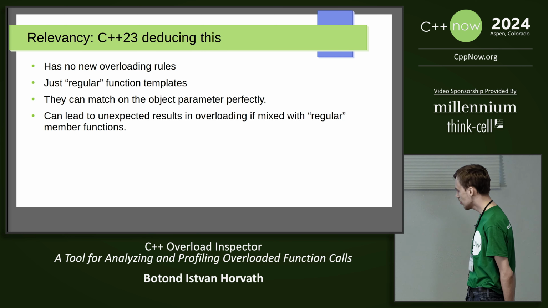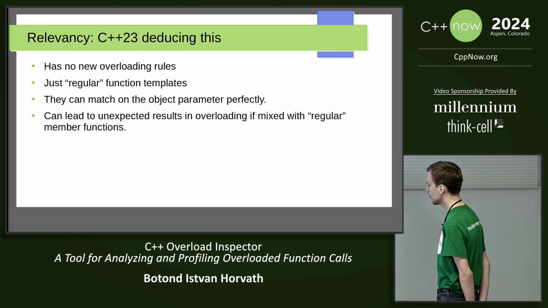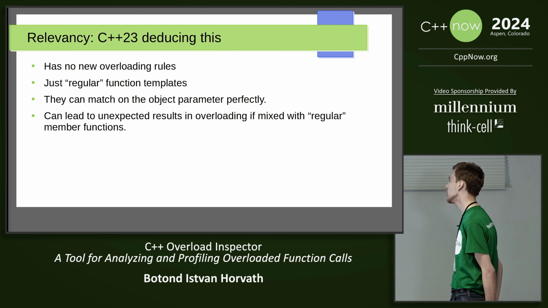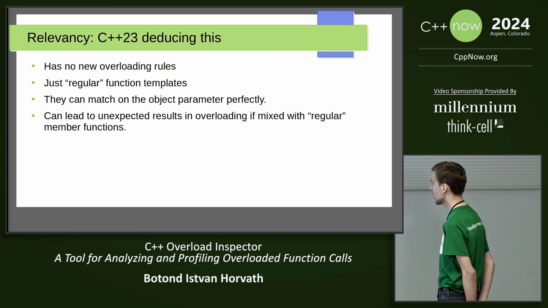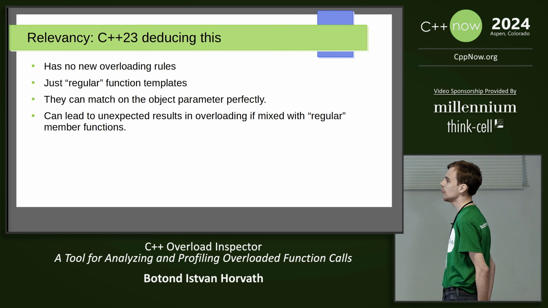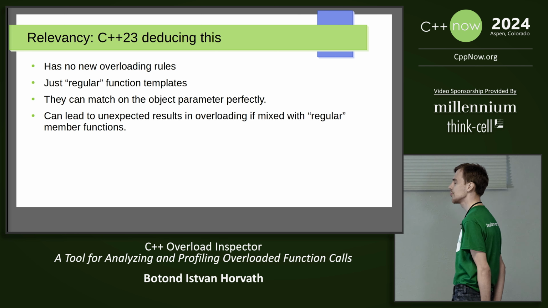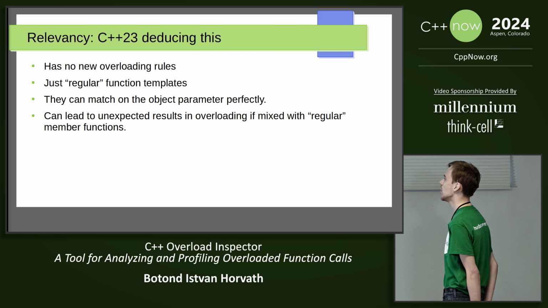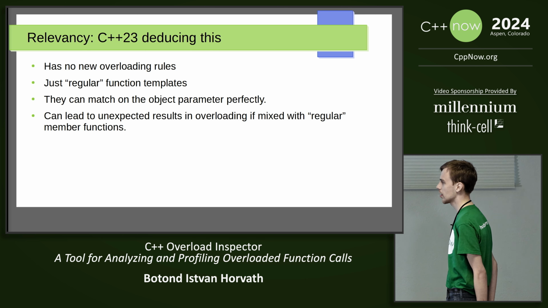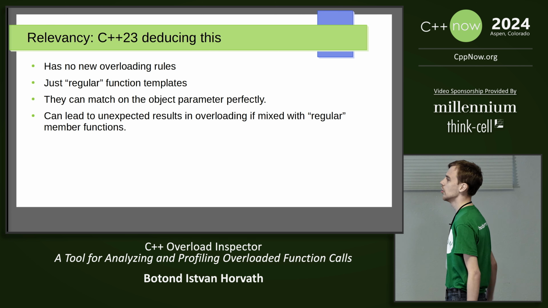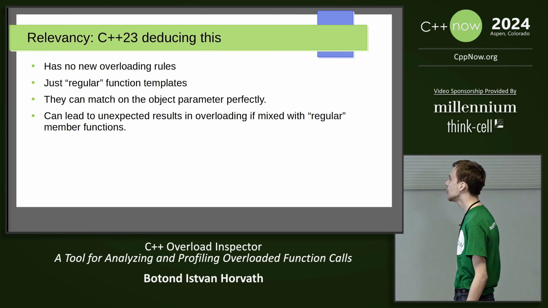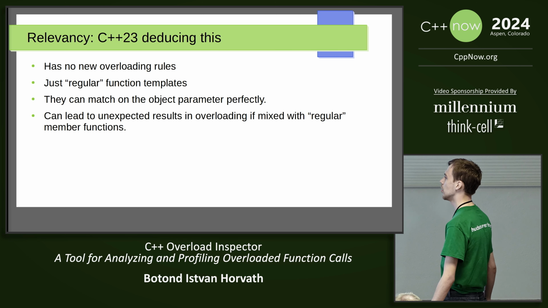My tool can also be relevant nowadays because of the new deducing this feature in C++23, because while it added no other rules for overloading, they just act like regular templated functions. They can behave weirdly if we overload functions with deducing this and without deducing this in the same class.